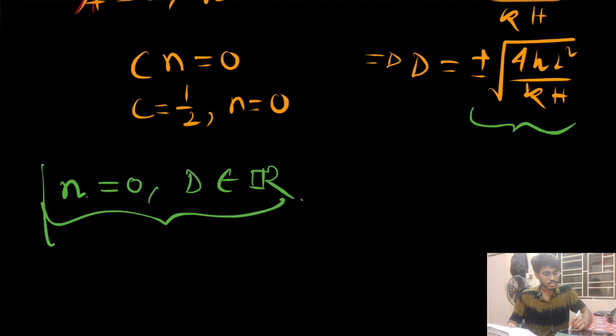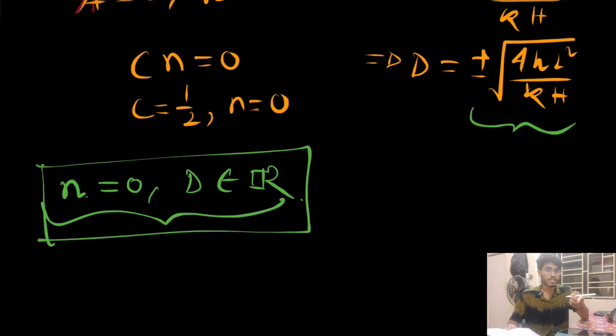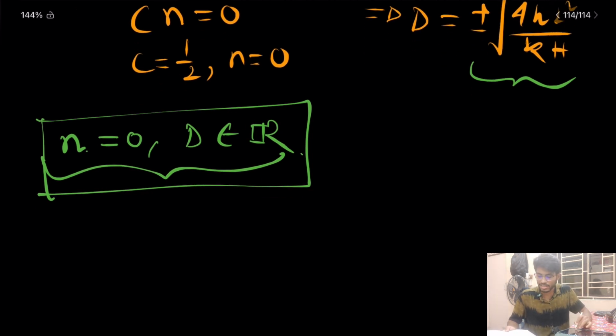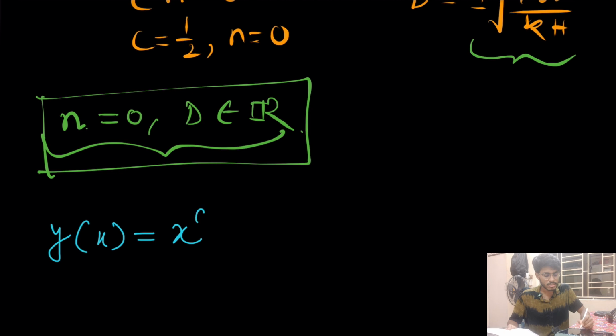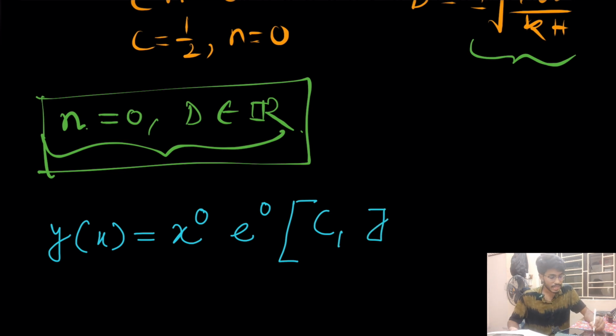Now the first condition that I have already talked about in the video. Applying the first condition, I get y is equal to x to the power a, a is 0, e to the power b into x, b is 0, c1 J n, n is 0, so this is the 0th order Bessel function.